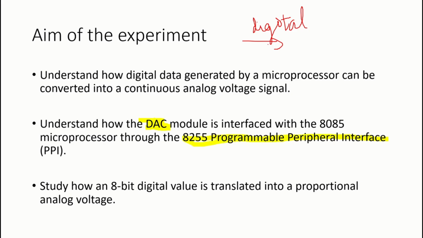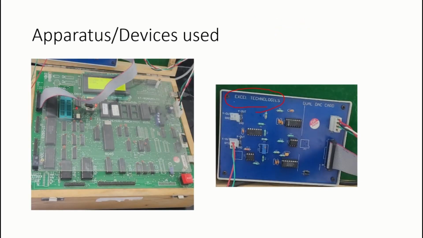Now we'll look at the apparatus that was used for the experiment. So this that you can see right here is the study card microprocessor trainer kit for 8085 manufactured by Excel Technologies. And this one here is the DAC interfacing module. Apart from this, we have also used 26-pin FRC cables and connecting wires, and also an oscilloscope.